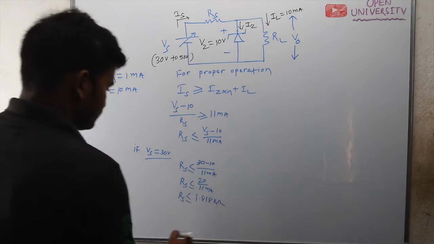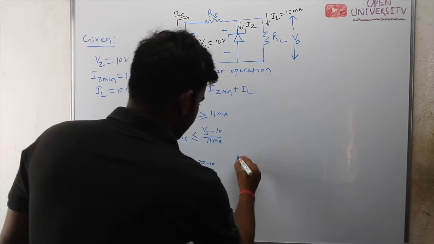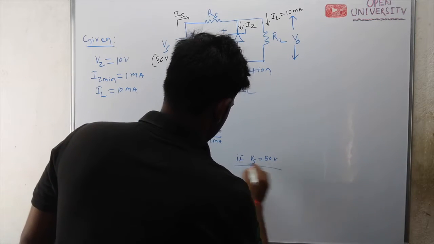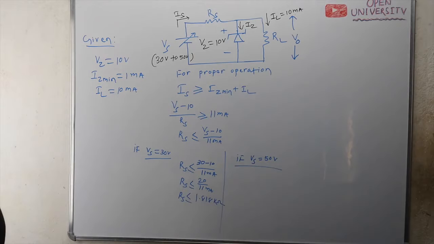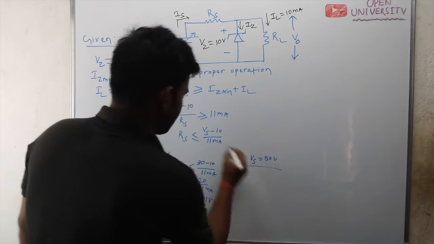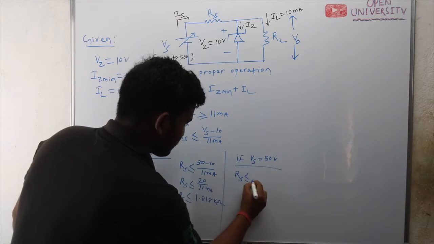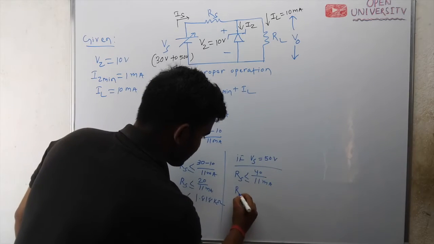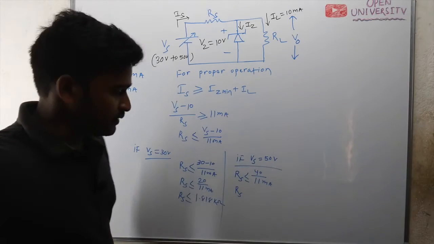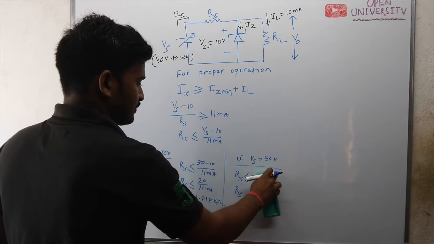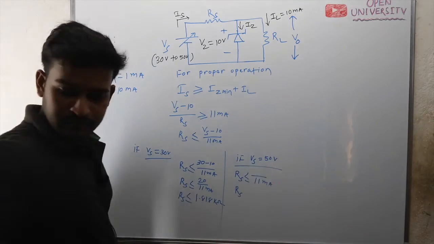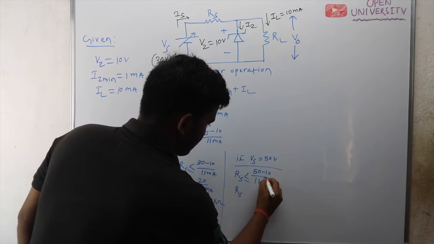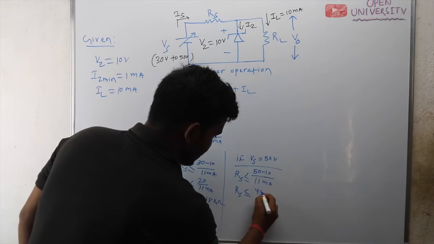Next, if Vs equals 50 volt, then your Rs will be less than or equal to (50 minus 10), that is 40 by 11 milliampere.